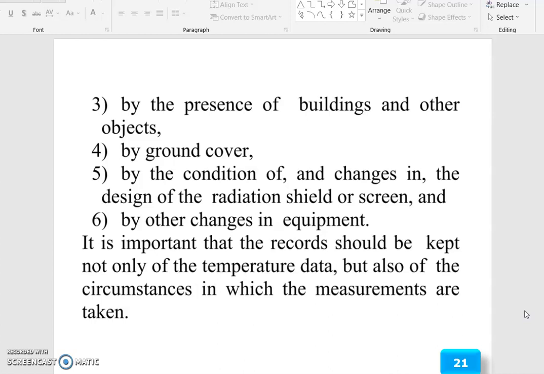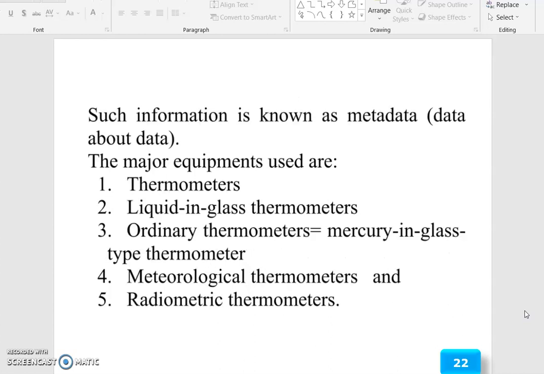So it is important that the record should be kept not only of the temperature data but also of the circumstances in which the measurements are taken. Such information is known as metadata, like data about the data.